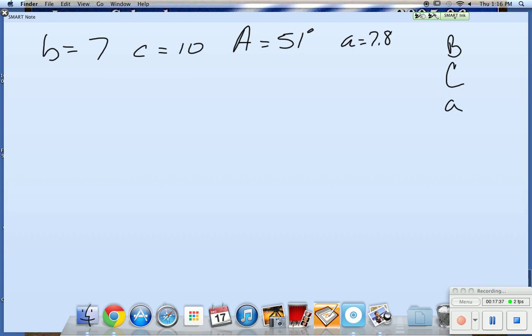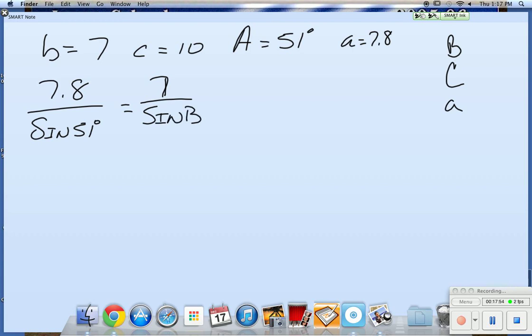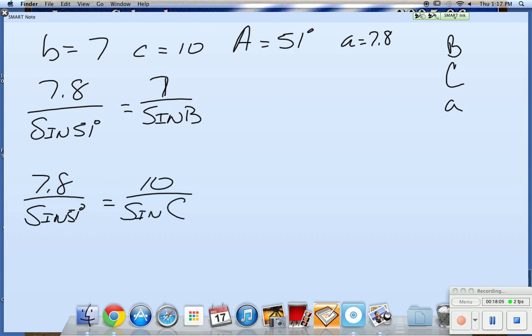We can take the law of sines now because we got 7.8 over sine of 51 degrees equals, let's do B, which is 7 over sine of B. And we can also use the same one, 7.8 over sine of 51 degrees equals 10 over sine of C to be able to figure out the other two angles.